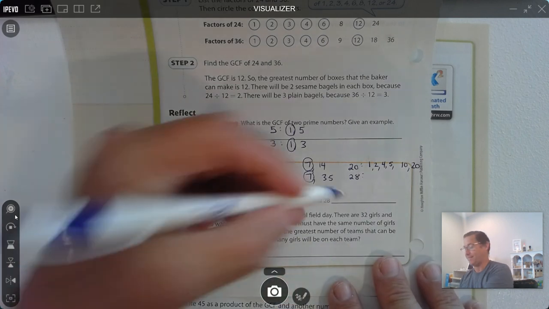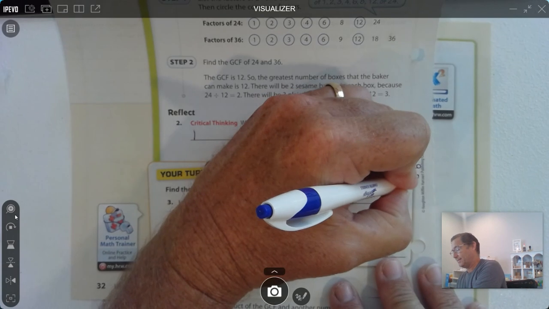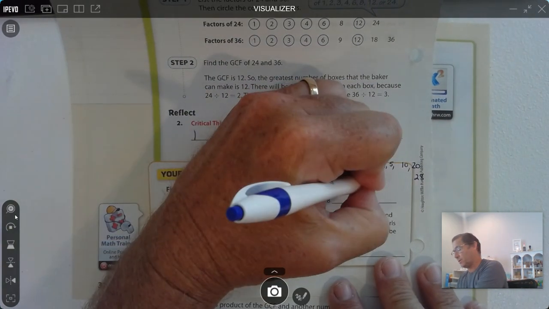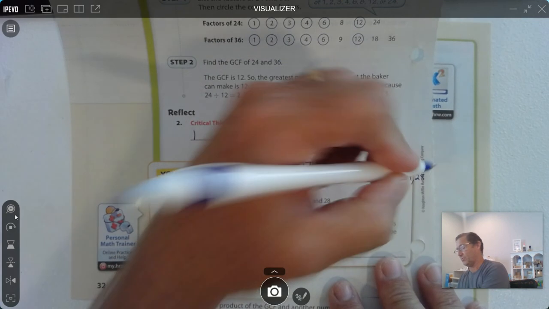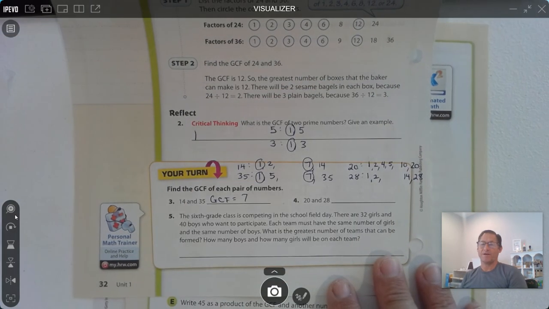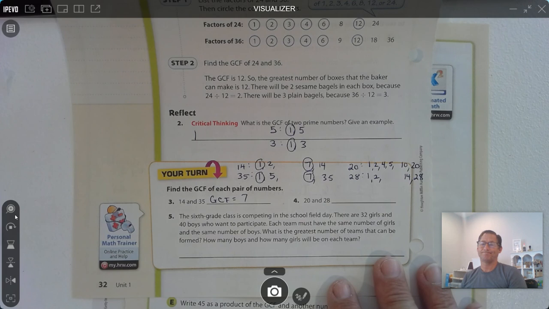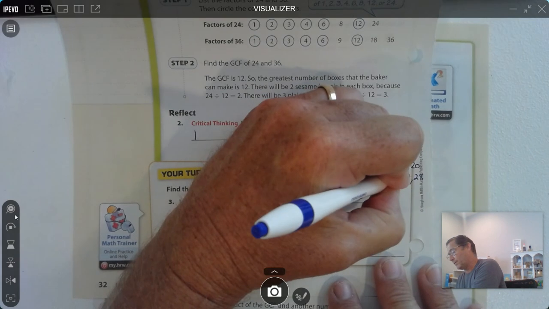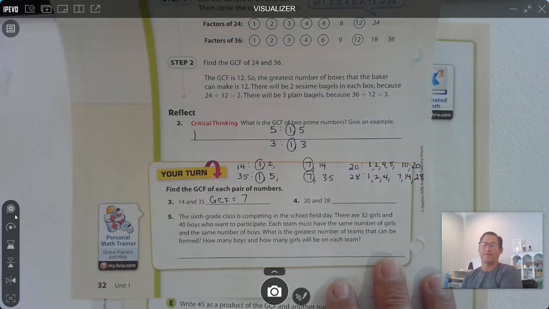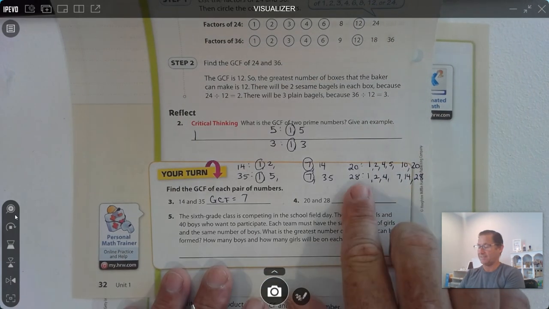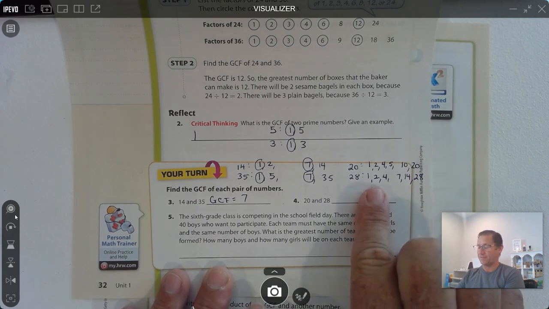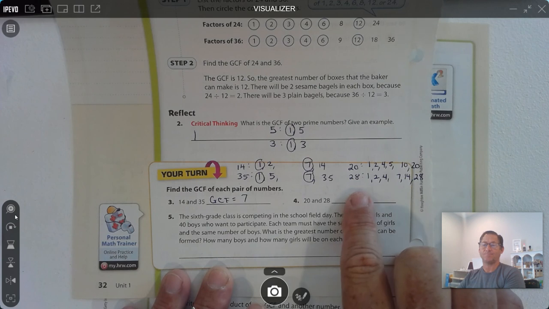And so 28. We know 1 and 28. We know 2 will work. 2 and 14. 3 will not work because 8 plus 2 is 10, and 10 is not divisible by 3. 4 will work. 4 times 7. 5 will not work because it does not end in a 5 or 0. 6 will not work because 3 was not a factor of 28.